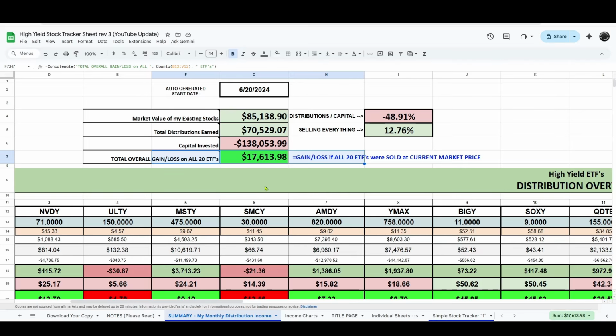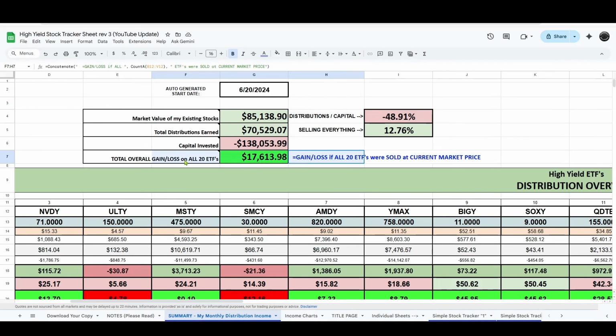In my case, if I just got out of everything, I would make $17,613. Now the distributions per capital is down 48%, and that is exactly what it states here. It's just the amount of distributions you've earned divided by the capital you've spent. It does not take into account the actual price of the ETFs that you have.